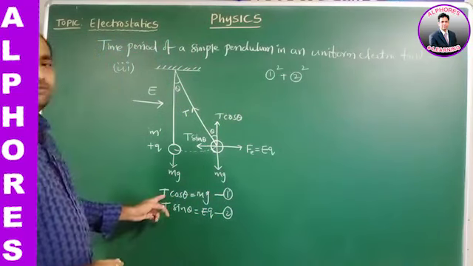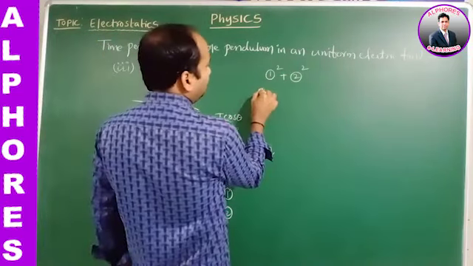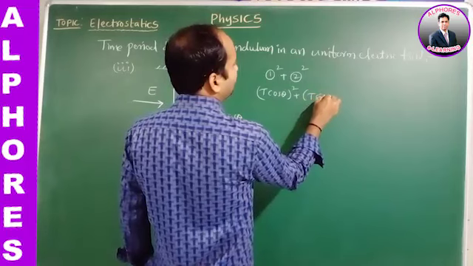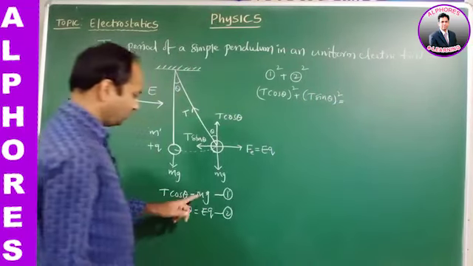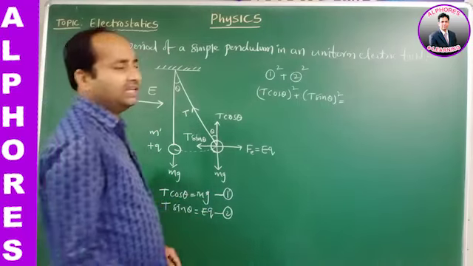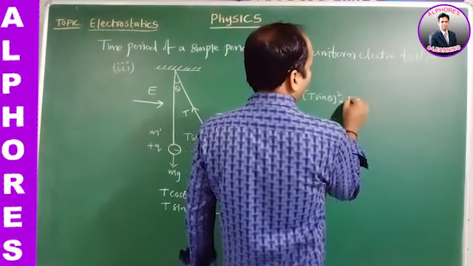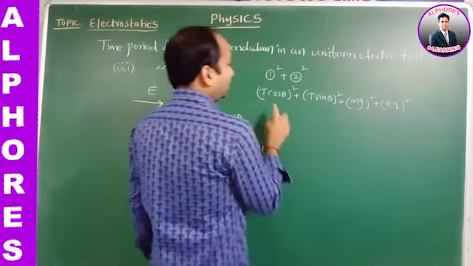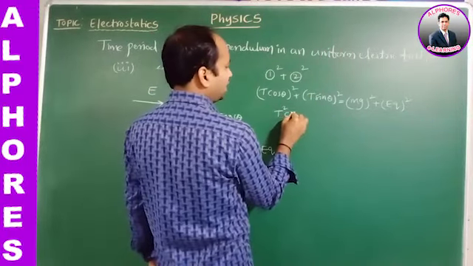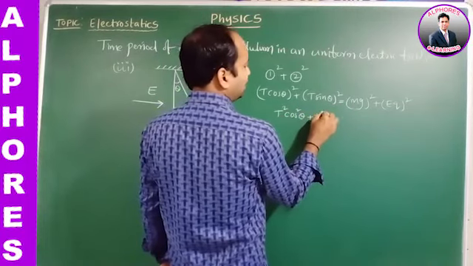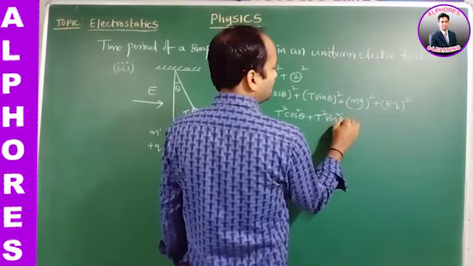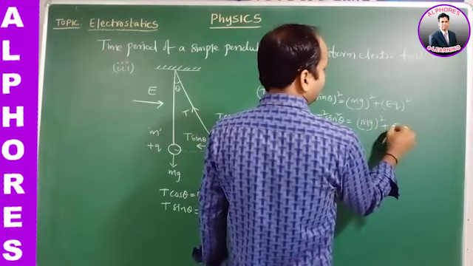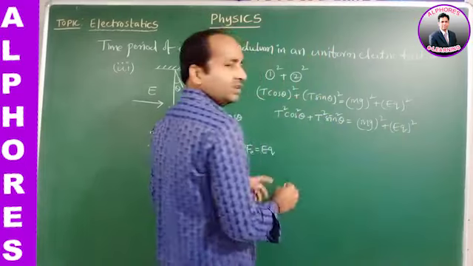What is the left side? T cos theta whole squared plus T sin theta whole squared is equal to the right side, mg squared plus Eq squared. Here we get T squared cos squared theta plus T squared sin squared theta is equal to mg squared plus Eq squared.